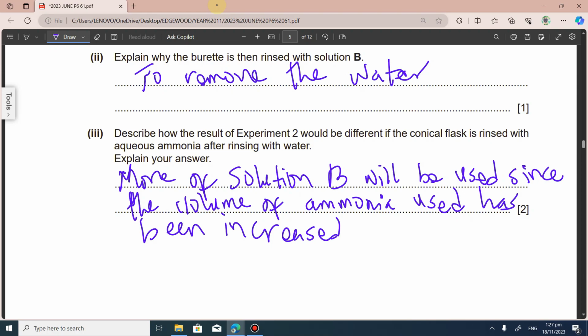So to obtain a neutralization reaction or to obtain the color change, you're going to need more of solution B. And that is how it will affect the results. So you're going to expect more volume of solution B to get the desired color change.